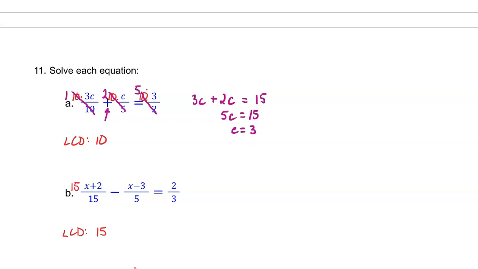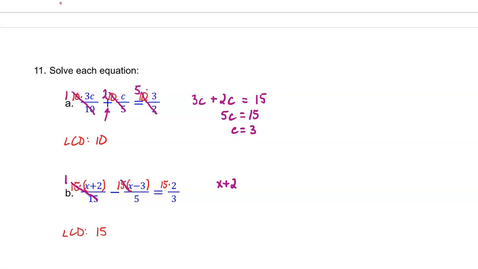So 15 times the x plus 2, and 15 times the x minus 3, and 15 times the 2. By multiplying everything by 15, what will happen is canceling will occur. 15 over 15 cancels out to just a 1, and so the beginning part is x plus 2.